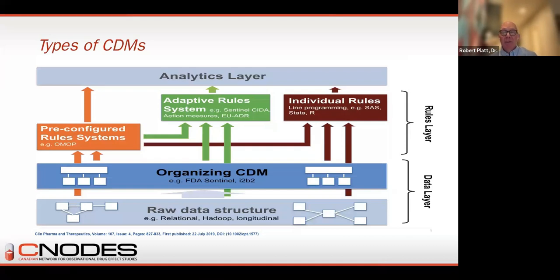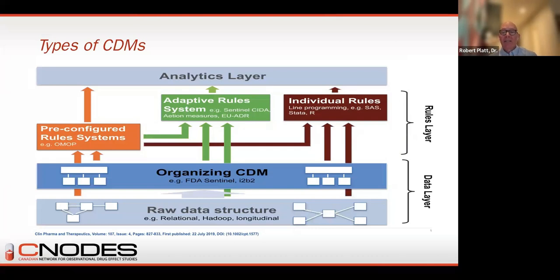You can have the adaptive rule system like Sentinel, where you then say, okay, I want to do a study. I'm going to create my variables by looking into that standardized data and saying, okay, with this set of ICD codes, I'm going to define incident type 2 diabetes, and then send it to an analytics layer where you can still use fairly standardized analytic code.